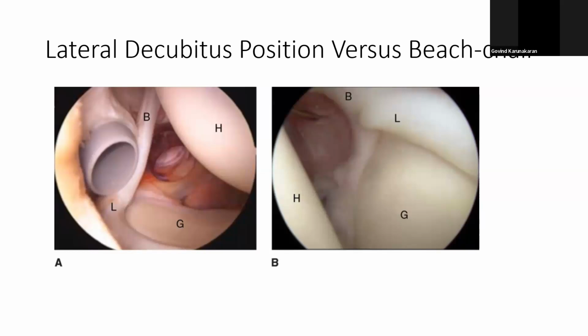In the first image, it is a lateral decubitus position, and we can see the part labeled as G, which is the glenoid, parallel to the ground, and the humeral head, which is H, and B is the biceps tendon, and the superior labrum is marked as L. So the orientation is tilted so that the glenoid is facing parallel to the ground, whereas on the right side, it is more anatomical, and the glenoid is marked as G, and the humeral head is seen opposite to it, with the superior labrum seen superiorly to the glenoid and the biceps on the posterior side. So it becomes easier for beginners to get the orientation right in case of the Beecher position.